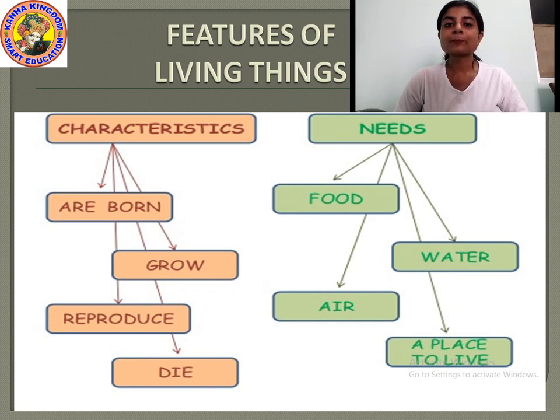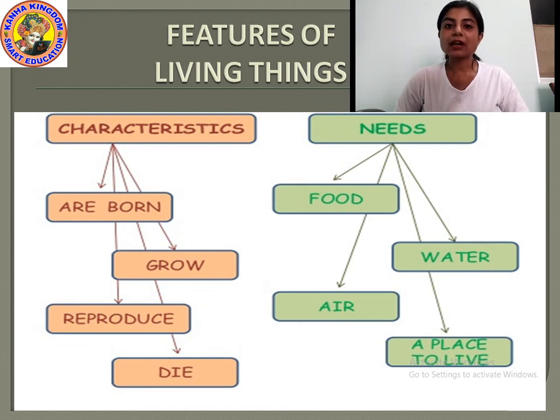Reproduce means living things can give birth. And living things die. All living things are born and all living things die.